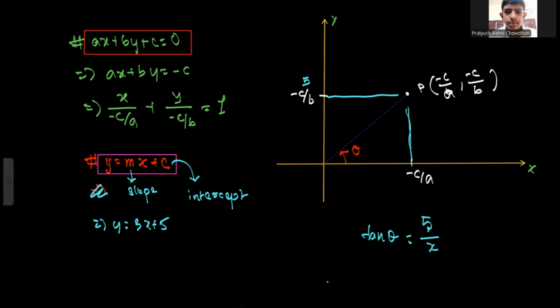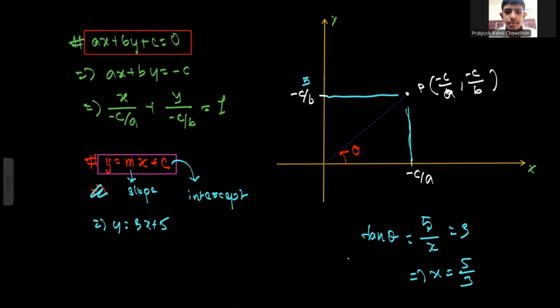Let us name it as x equals 3. Then x equals 3 by 5. Sorry, 5 by 3. I'm doing so many mistakes today. x equals 5 by 3. Yes. So then we can find out the value of theta.